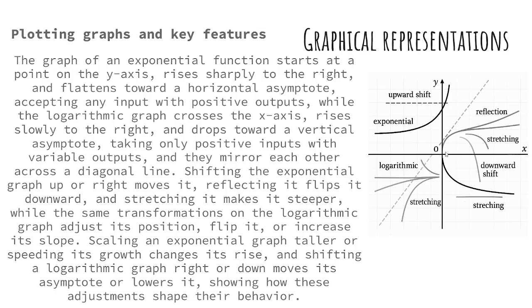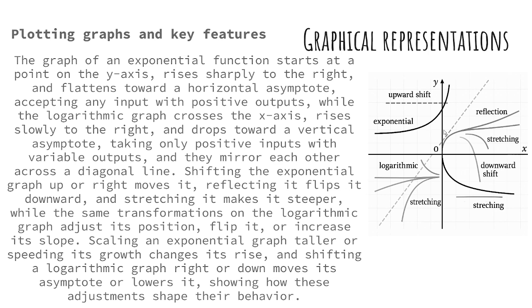And it rises slowly to the right, and then it is dropping towards the vertical asymptote. As you can see, the downward shift right here, it goes up or it can go down. Shifting your exponential graph up or right will move it. Reflecting it, as you see right here, will flip it downward.